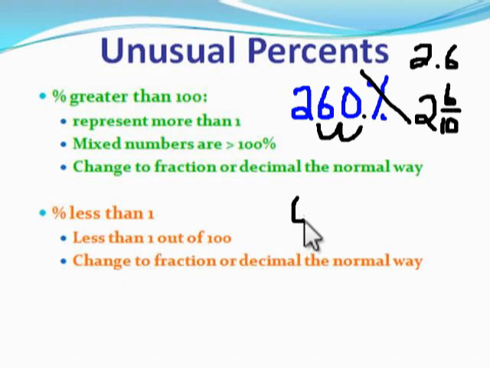Let's say that we had 0.5%, and we wanted to change that to a whole number. We would drop our percent, take our decimal, move it 2 places to the right, to the left, excuse me.